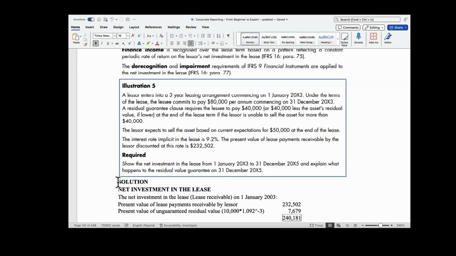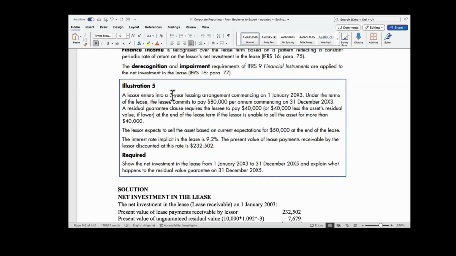So for this question, we have a lessor that enters into a 3-year lease that started on 1st January. He will collect 80,000 per annum from the lessee. And the lessee guaranteed the residual value of 40,000. I think I explained this earlier.